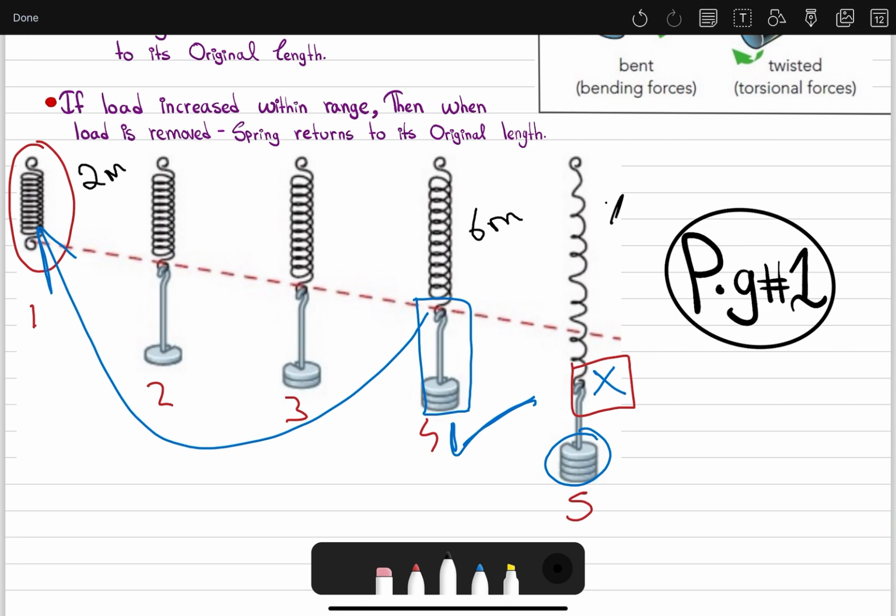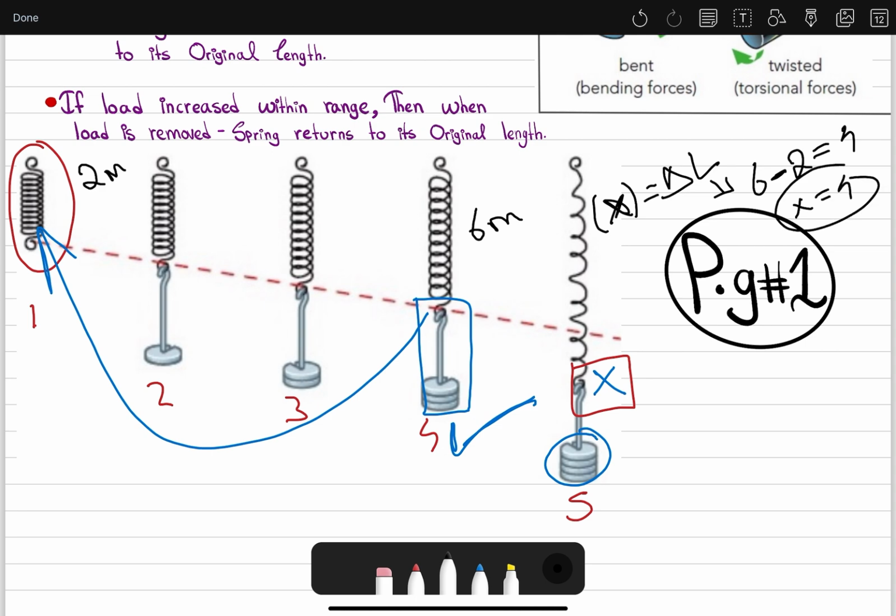We know extension x is equal to delta L. Our delta L here will be L minus L0, new length minus initial: 6 minus 2 is equal to 4. So the extension is equal to 4.